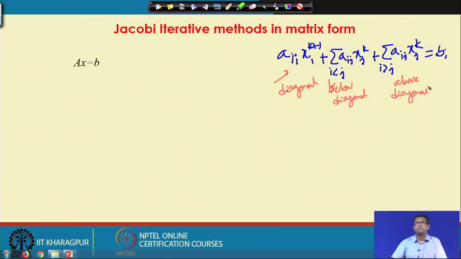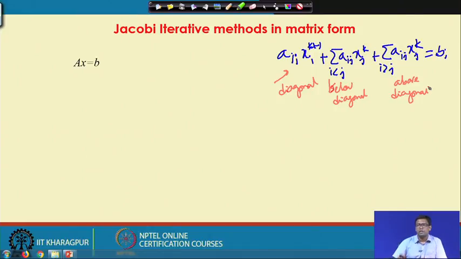So, the A matrix can be decomposed into three components: one is the diagonal, another is the lower triangular part, which is the below diagonal part, and another is the upper triangular part, which is the above diagonal part. The x vector and the updated x vector are multiplied with these three matrices.